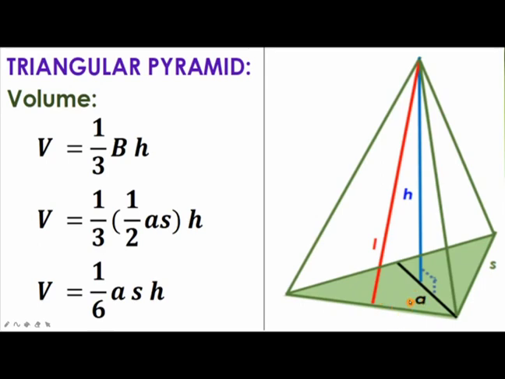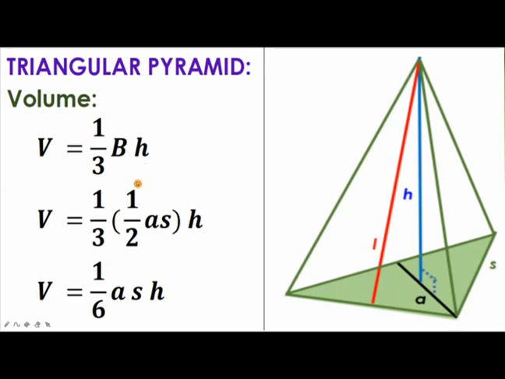Here, we denote the altitude or height of this pyramid by h. The volume of a pyramid is given by this equation. V is equal to 1/3 base times height.